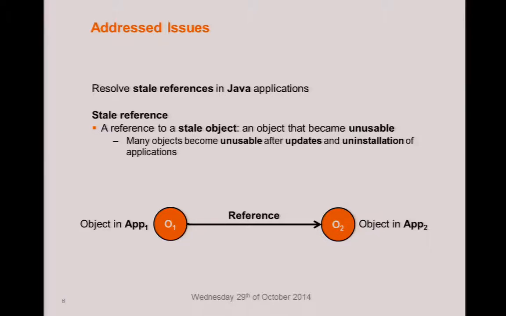A weak reference will enable you to access the object, but will also enable the garbage collector to get it at any time. What I'm basically doing here is transforming a strong reference to a weak reference when an application is updated or uninstalled. I'm trying to combine the state of applications, which is an OSGi concept, with the nature of references in Java, which is a Java concept.